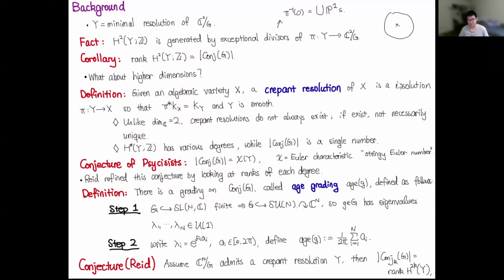And the reason is actually not so unclear. If you look at the space C2 quotient by G, there is an action on it. So if you look at this space, this is just a schematic picture. This is the origin, which is the singular origin. And you take a blow up here, but it will not affect the geometry of the complement.